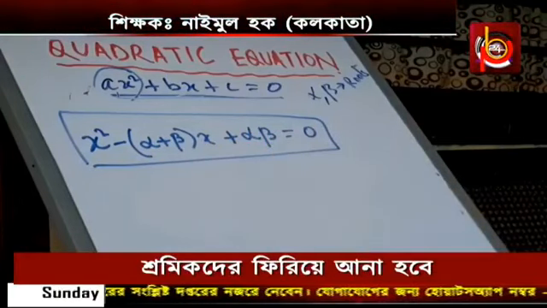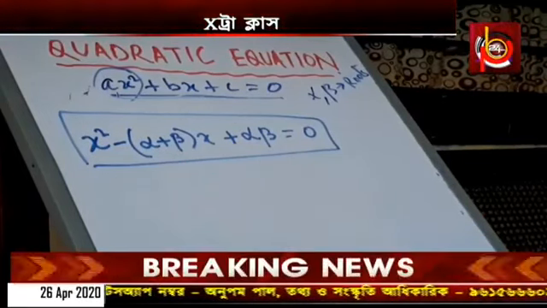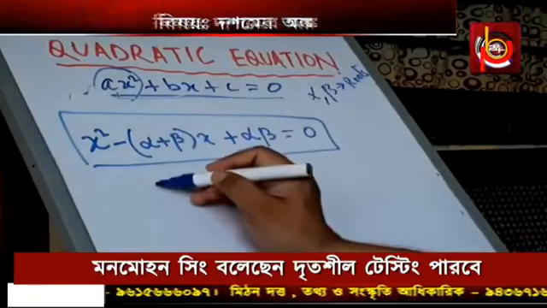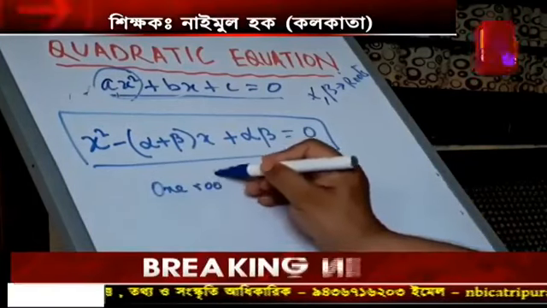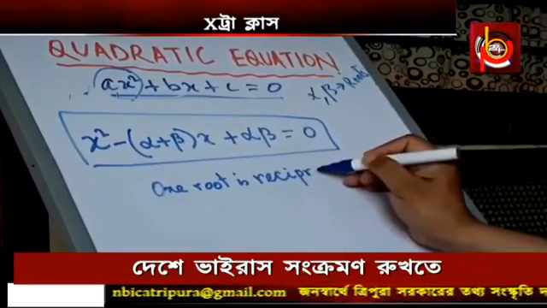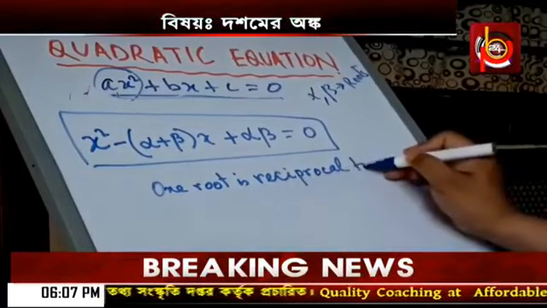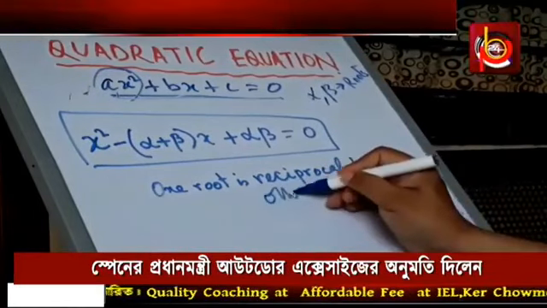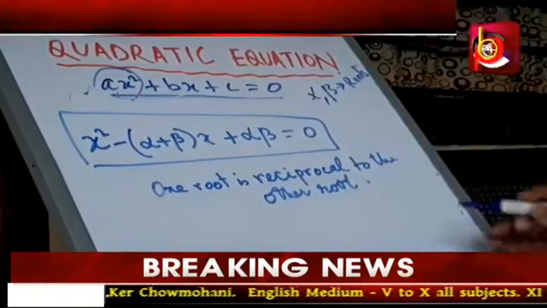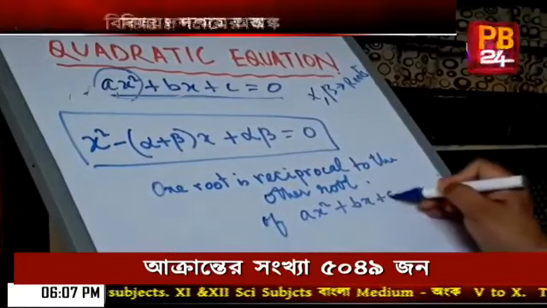We can go through some examples which come frequently in board exams. If one root is reciprocal to the other root, reciprocal, which in Bengali is called ononnok, of the equation ax square plus bx plus c equals 0.